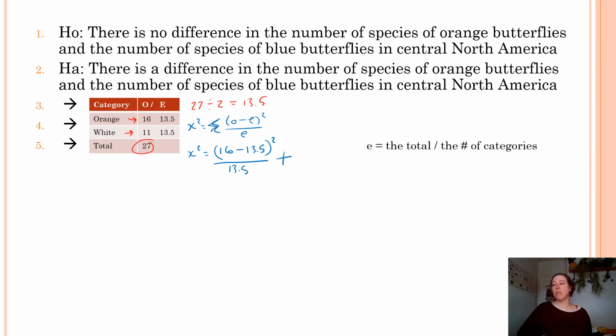The sum means plus 11 minus 13.5 squared. 16 minus 13.5 is 2.5 squared over 13.5. And 11 minus 13.5 is negative 2.5 squared over 13.5. And squaring it gets rid of those negatives. So this is 6.25.